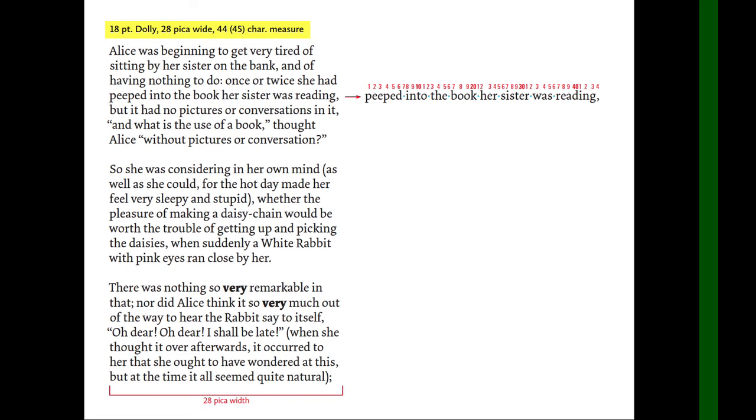Number 7 is our first word space. That counts. Number 12 is our second word space. Number 16 is our third, etc., etc. So with this and counting the comma, I got 44 characters in this line.